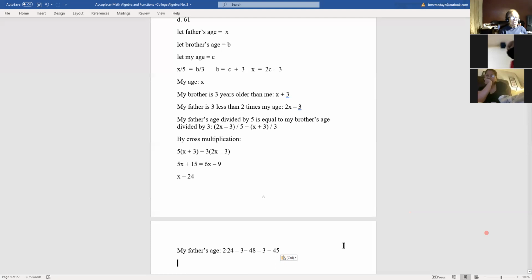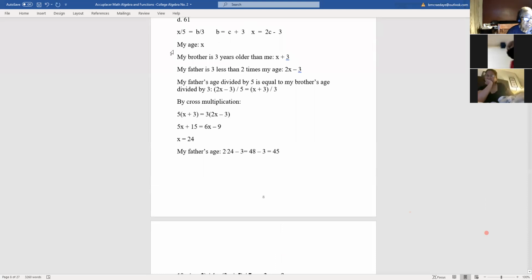So it's better to put your age there, because you've got your brother's age in terms of your age and your father's age in terms of your age. You see why it's easier to solve? You've been given relationships between your brother's age, your father's age and your age, and a relationship between your father's age and your brother's age: father's age divided by 5 equals your brother's age divided by 3.